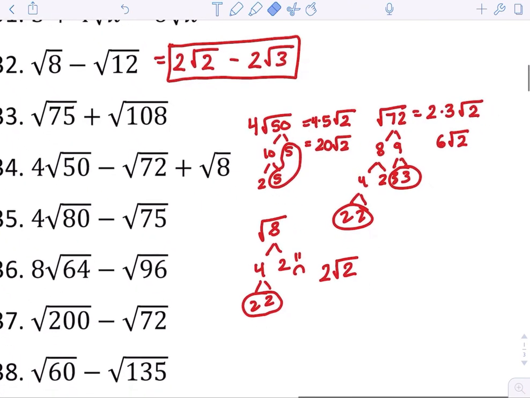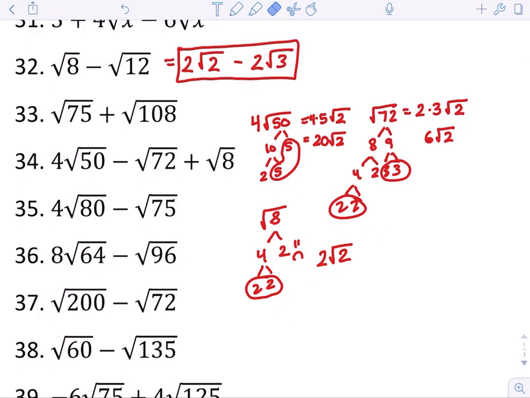I'll just keep it so you guys could see. So essentially, for radical 50, we solved for 20 rad 2. Negative rad 72, we got that to be negative 6 rad 2. And square root of 8, we found that to be 2 rad 2.